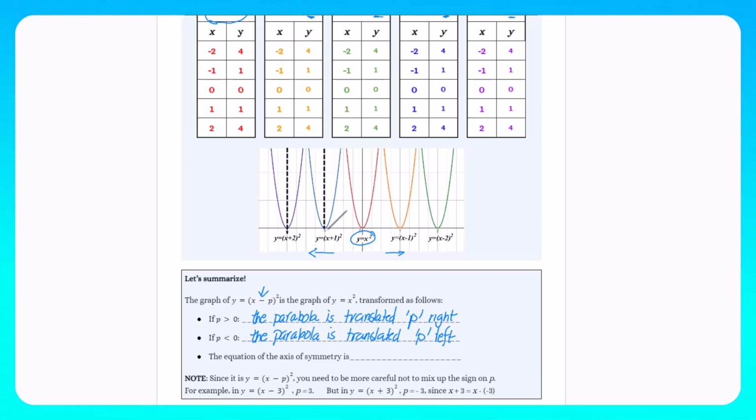Same for this one. The P is -1. The axis of symmetry is -1. The P is 0. The axis of symmetry is 0. Let's keep going. P is +1. Axis of symmetry is 1. And P is 2. Axis of symmetry is 2. And so in other words, we write this as an equation.